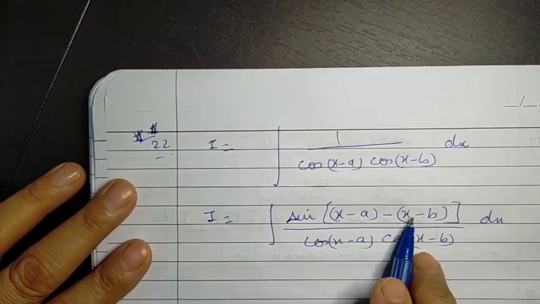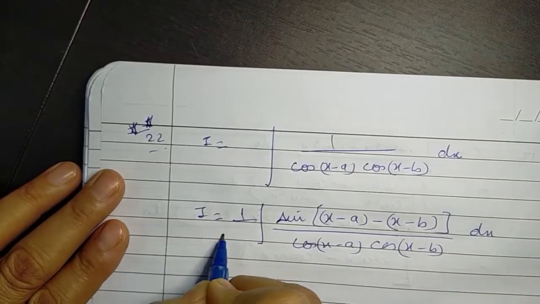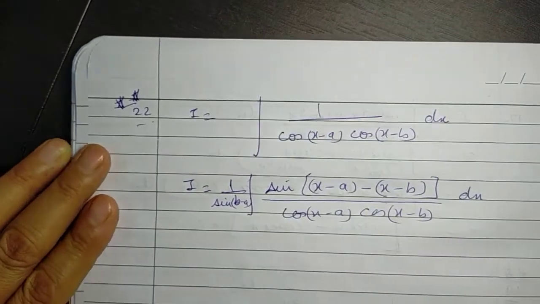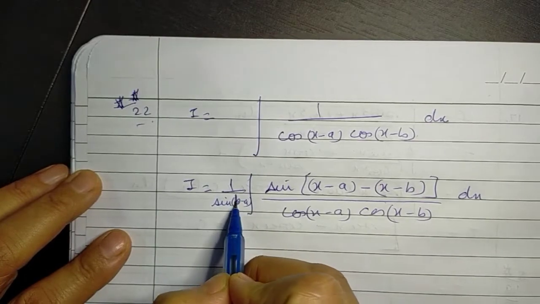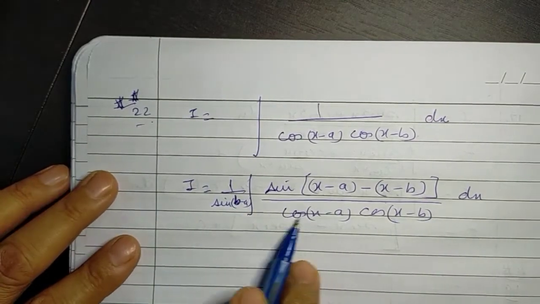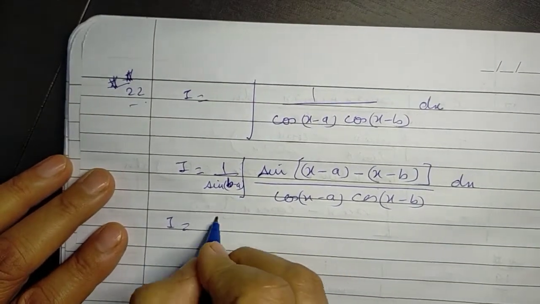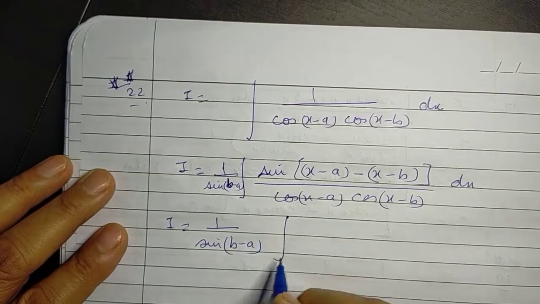I am left with b minus a, sine of b minus a. So I have to divide by sine of b minus a. Writing in this manner, I have not changed the question. The question remains the same, but now it comes in a form which is suitable to us. And how does that happen? 1 upon sine of b minus a, integral of.